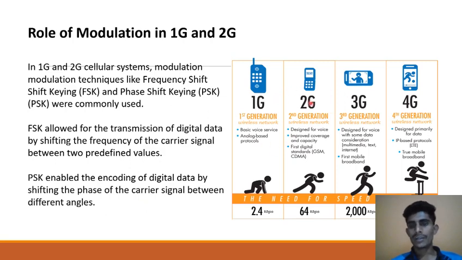And we can observe in the figure 1G, 2G, 3G, 4G. 1G has less capacity compared to 2G, and 2G has less capacity and speed compared to 3G. Like that it follows up to 4G. 1G is the basis of 2G, 3G and 4G.